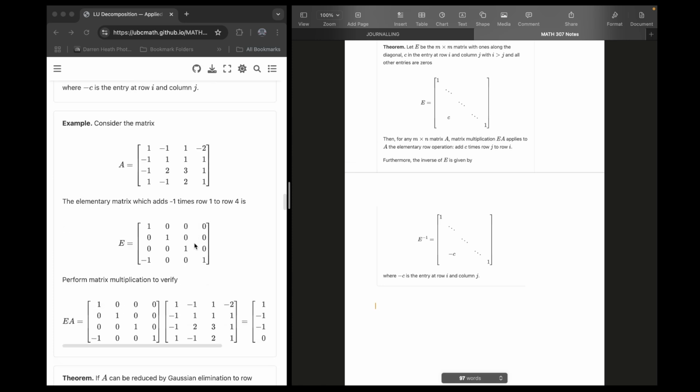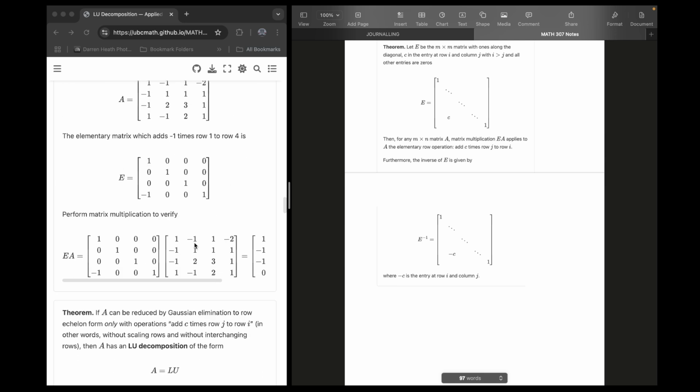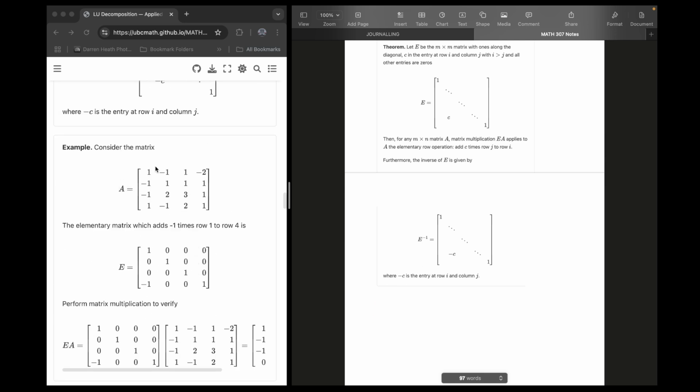Alright, consider the matrix A equals 1 negative.